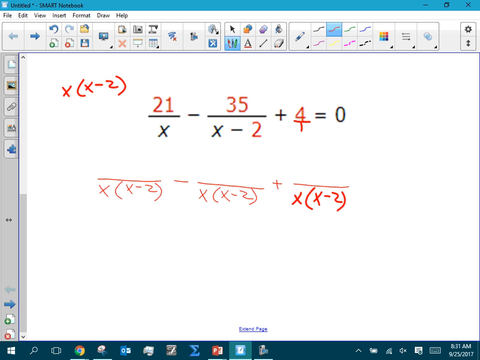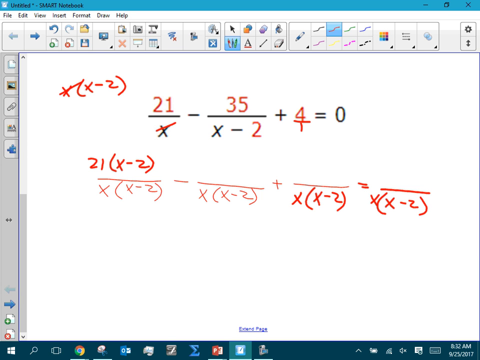I'm trying to get every single denominator to grow to that, right? If I make this initial denominator grow to that, what did I have to multiply the bottom by? x minus 2. So I multiply the top simply by x minus 2, right? So I get 21 times x minus 2.